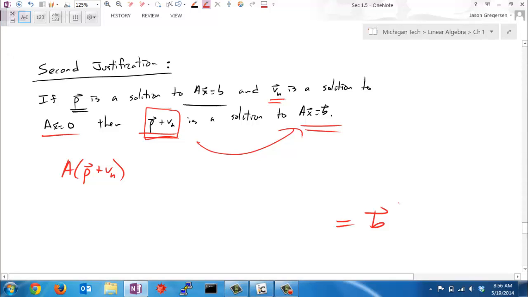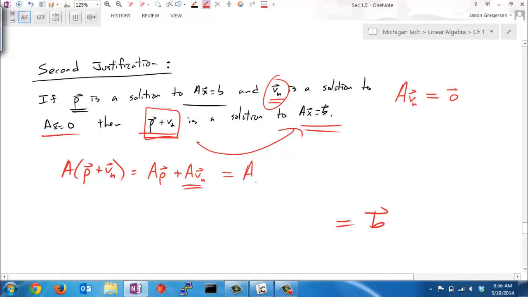So I use some properties. If I take a matrix times the sum of some vectors, I can use the distributive property to say that it's equal to this thing. But wait a second, what is V sub h? It's the solution to the homogeneous equation, which means that if I take A times V sub h, I get the 0 vector.